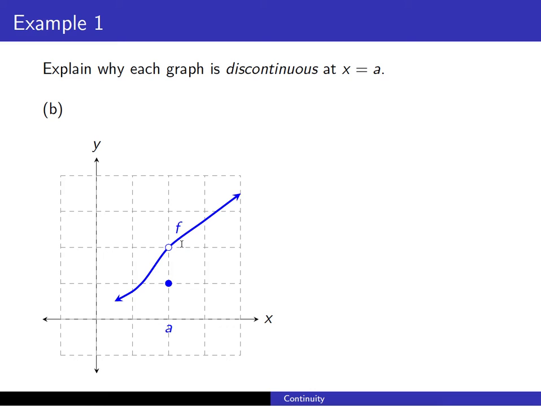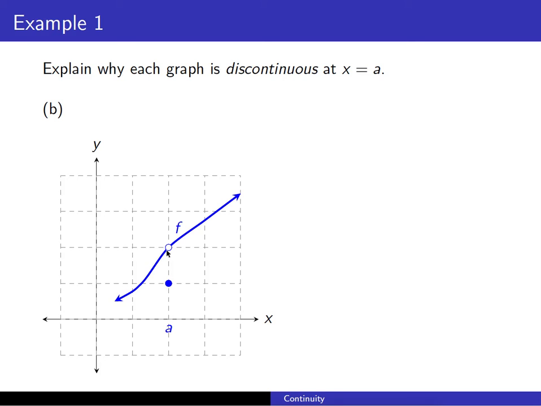Part B, now let's put a point here. So pretty much the same graph, but we've included this point here for part B. The function exists at this point. Here's its value right here. It is a piecewise function. The left-hand limit and the right-hand limit both exist and are equal to this value, whatever this y-coordinate is. So let's say this is a y-coordinate of 1, this would be a y-coordinate of 2.